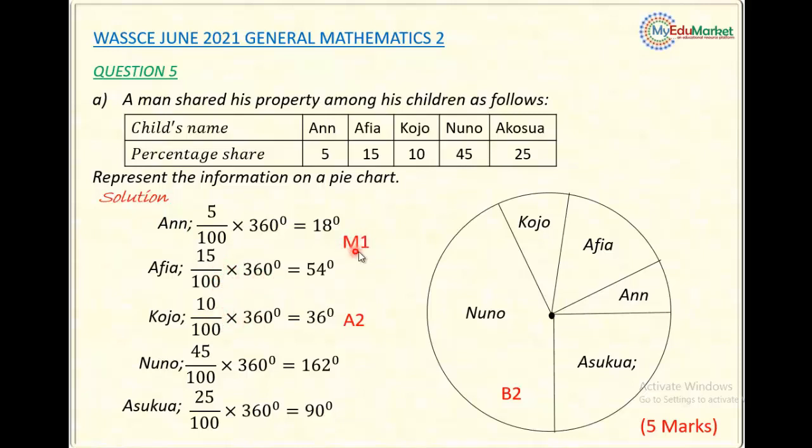And for all 5 angles correct, you have an A2 mark. Then for the drawing of the pie chart correctly with the angles accurately measured, you have bonus 2 marks. So this gives a total of 5 marks for this question 5A.